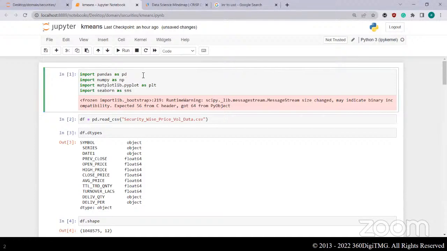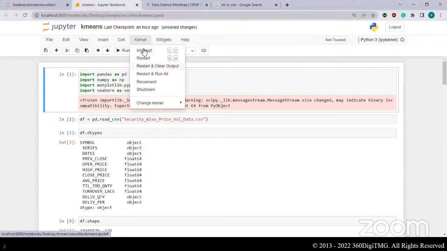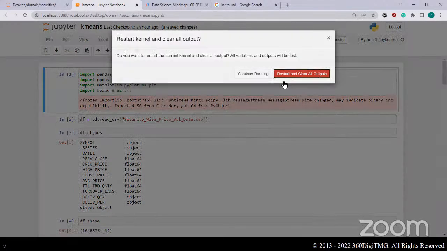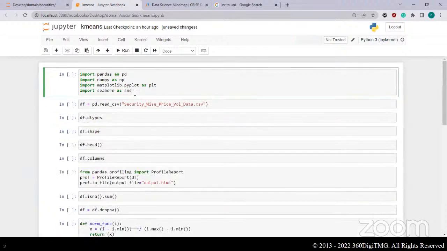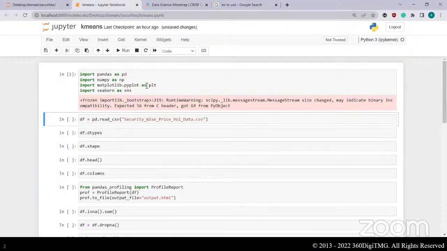This will import pandas, NumPy, Matplotlib and Seaborn. Okay, so we'll start with this. We'll import our libraries, we'll import our data set. Meanwhile, let's also take a look at the data set.